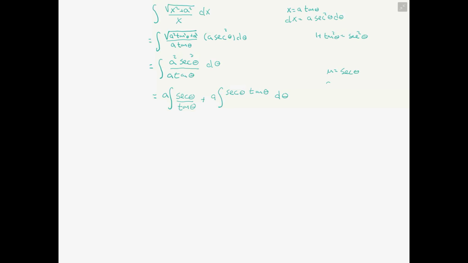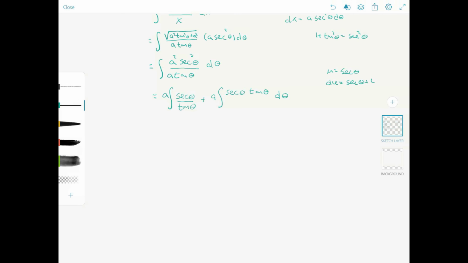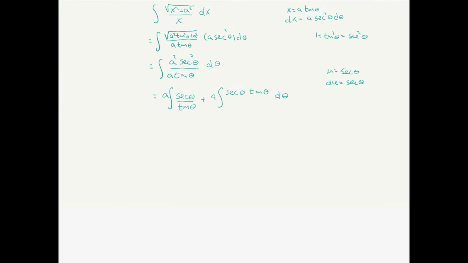So if u is secant theta, du is secant theta tangent theta d theta. So I use a u substitution for the second integral. So that second integral is just simply du.